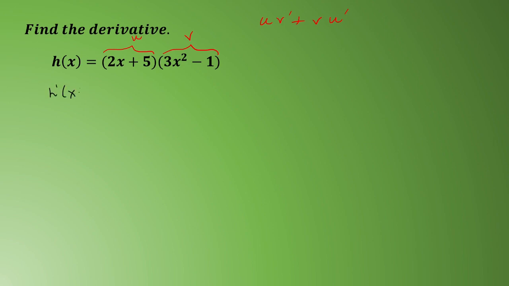So doing this, h prime of x is equal to u. Let's copy 2x plus 5. Derivative of v, derivative of 3x squared minus 1 is 6x, plus v, 3x squared minus 1, and derivative of u, 2x plus 5 is 2.